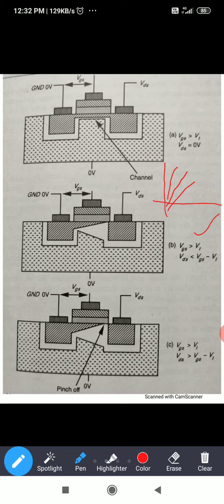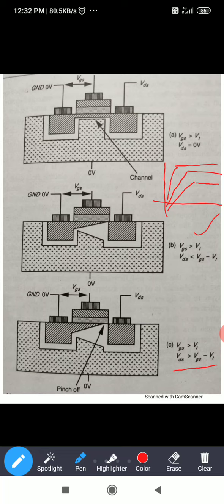When again VDS greater than VGS minus VT, here we will get current constant. We get current constant. That is called the saturation region.